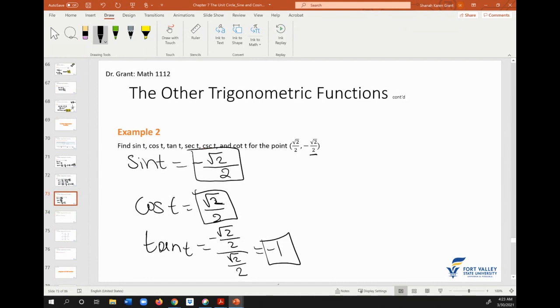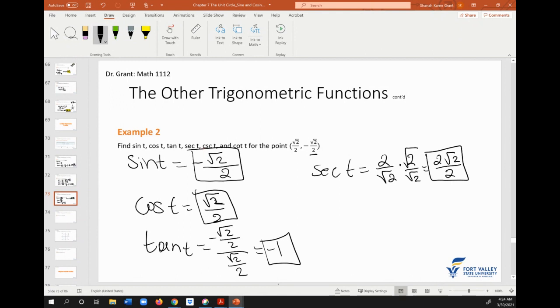So if we want to figure out now secant of t, that's going to be 1 over cosine, which is really, we're flipping this, right? So it's just going to be 2 over root 2. We don't keep our roots in the denominator, so it's 2 root 2 over 2.